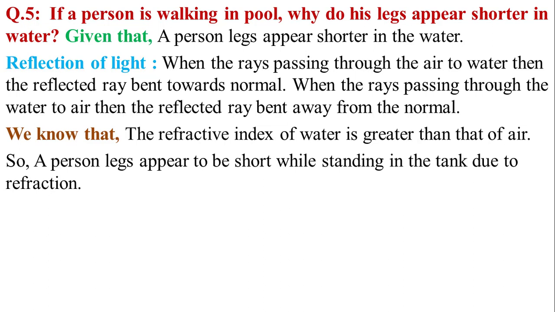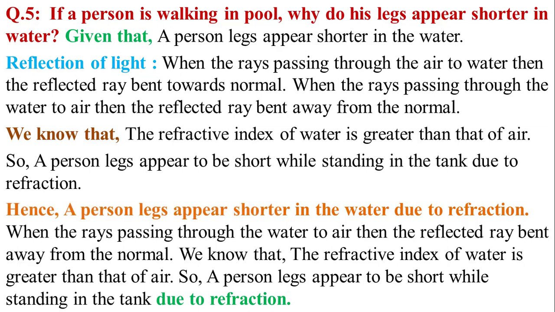So we can know that the refractive index of water is greater than that of air. So a person's legs appear to be short while standing in a tank because of refraction. Now we can also say that a person's leg appears shorter in water due to refraction. So this is the explanation.